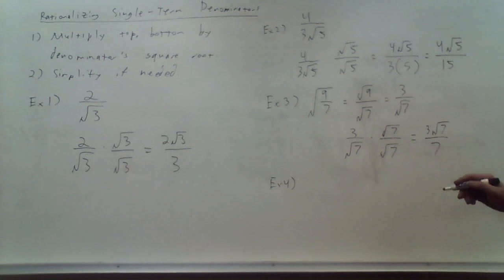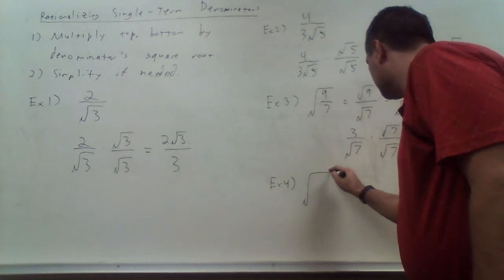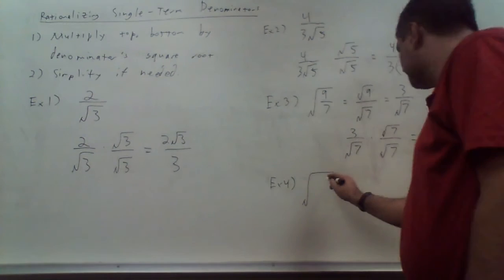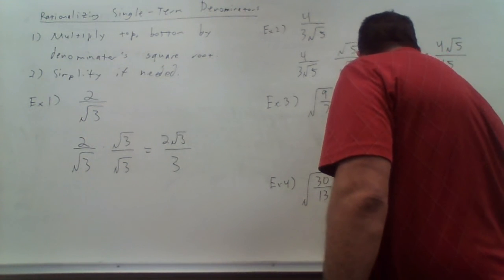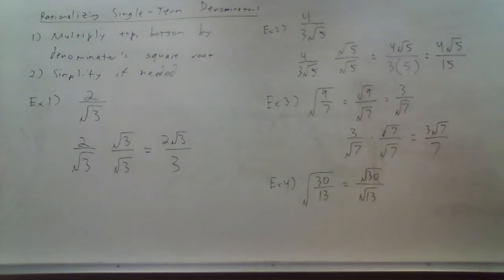Okay. So here, I've got the square root of 30 over 13, which gives me the square root of 30 over the square root of 13. Okay?